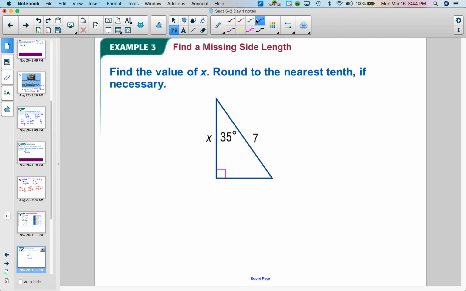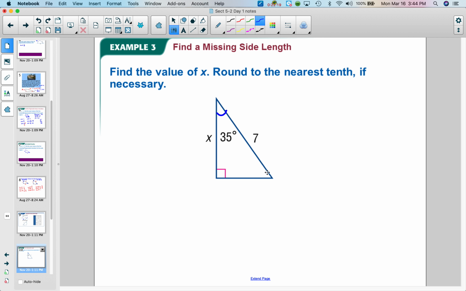Okay, so let's look at this example. Find the value of x, round to the nearest tenth if necessary. So this is similar to the problem I did with the handicap ramp. You want to just pay attention to what you know. My angle is 35, which is this angle up here, I know the adjacent side, and I want to know the hypotenuse.